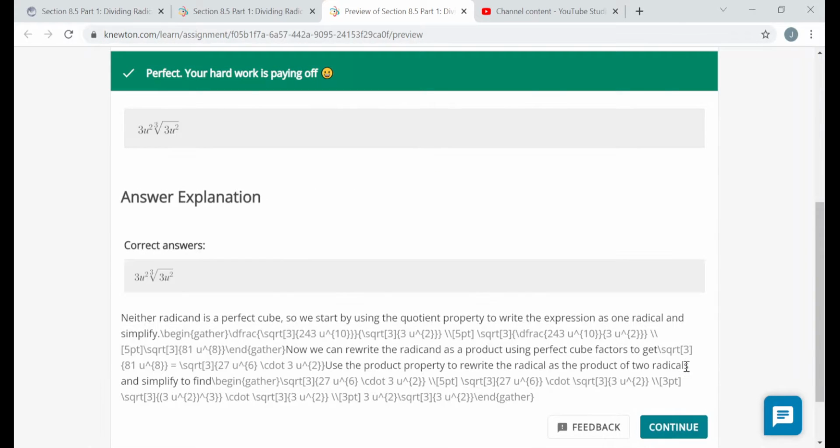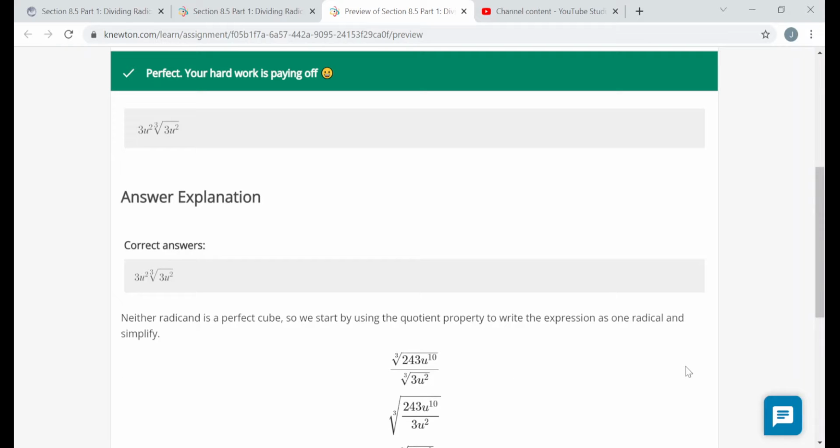After every question, whether you get it right or wrong, there should be an answer explanation. Please read through this. Either way, if you got it right, read through it to make sure you got it right for the right reasons, that you didn't just get lucky.